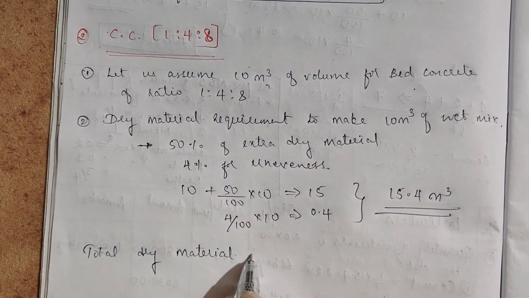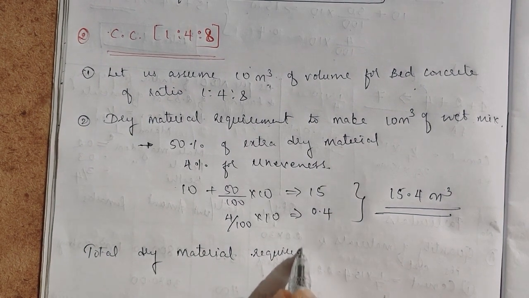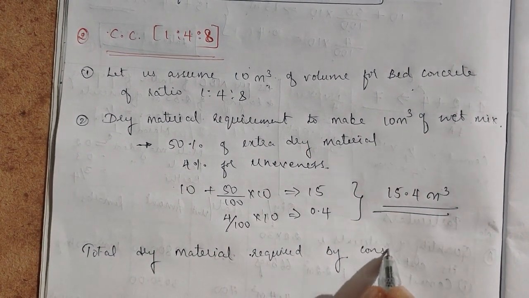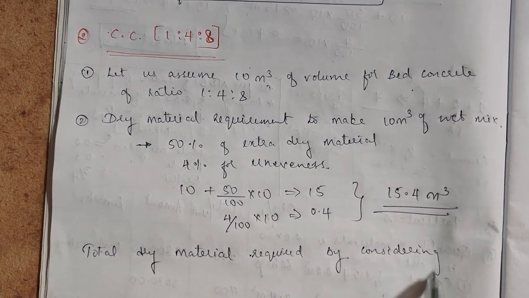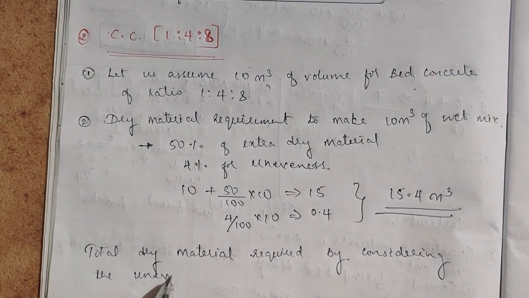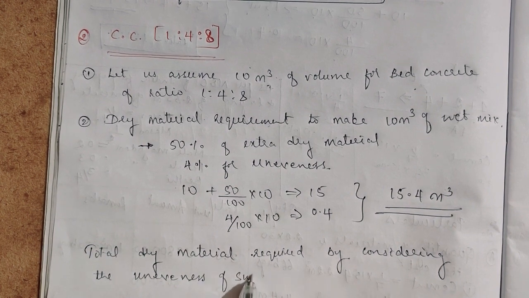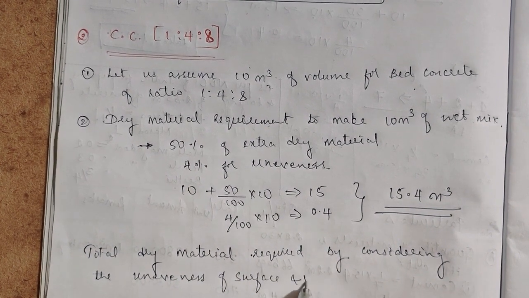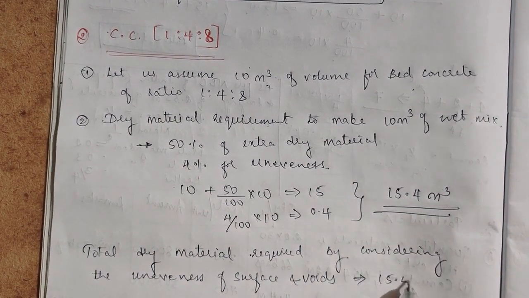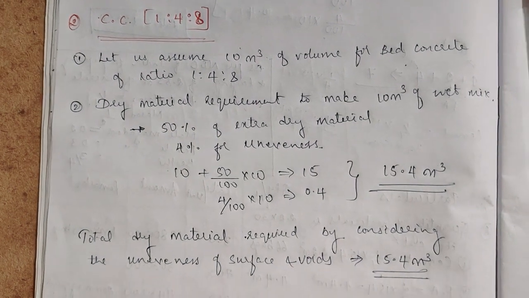Total dry material required, by considering unevenness of surface and voids, 15.4 meter cube.